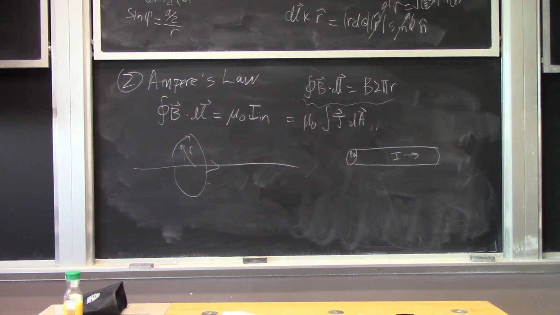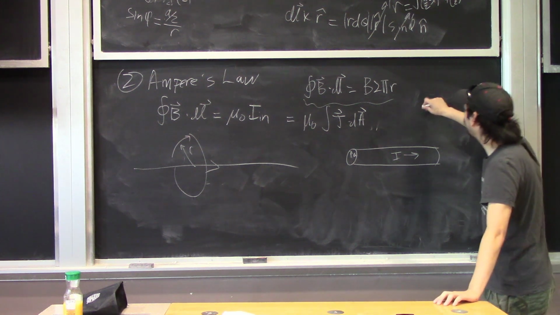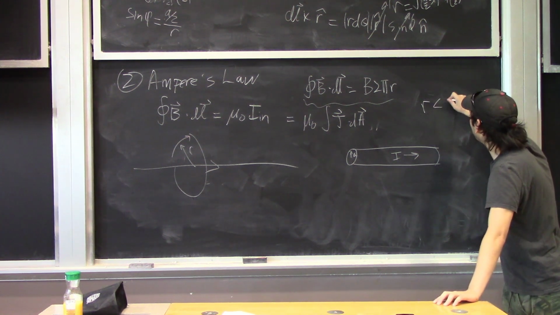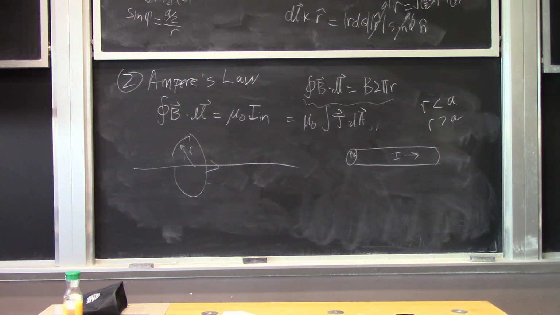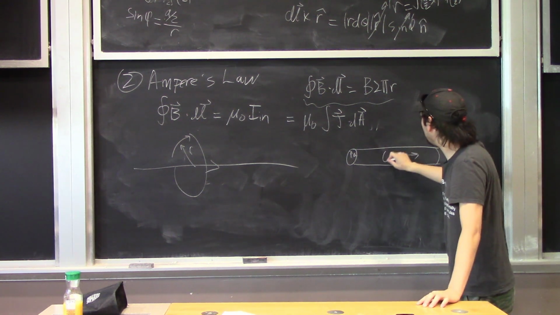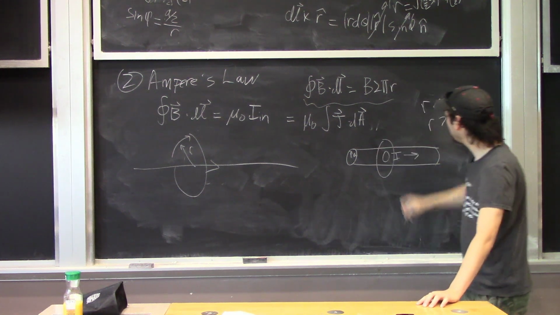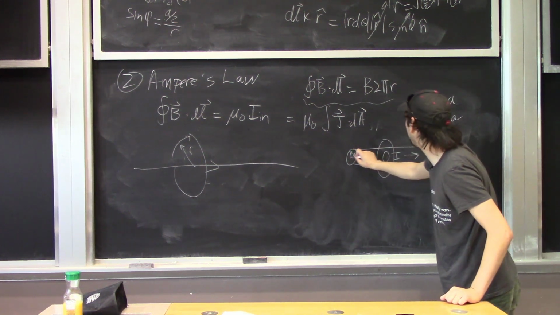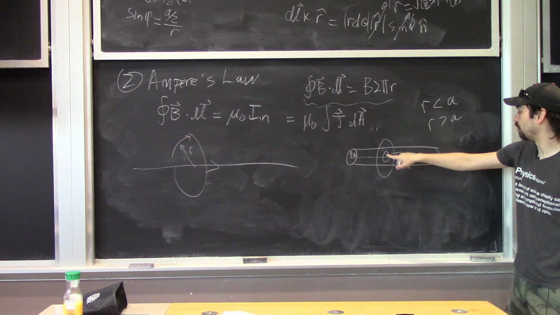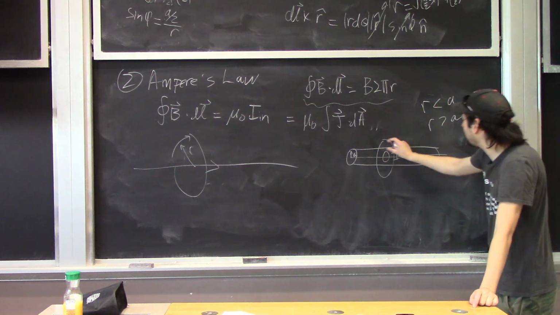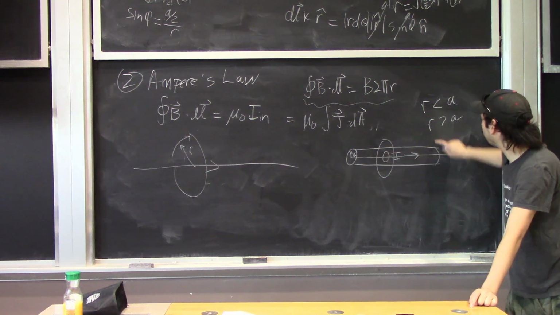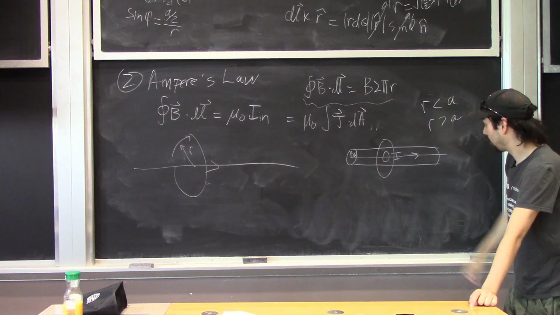And if I wanted to find what the magnetic field was everywhere, that would be to say I have two regions, one where R is less than A, and one where R is greater than A. We would want to draw Amperian loops in each region, and then ask ourselves how much of the current passes through the loop that I have. So in the region where R is less than A, it's some amount that's less than the total current. For the region where R is greater than A, it's the total current.